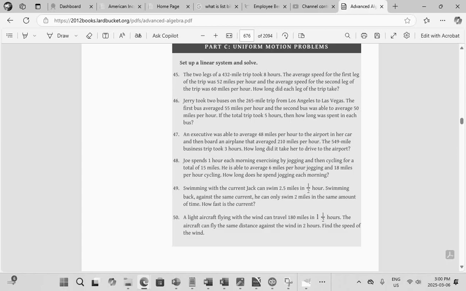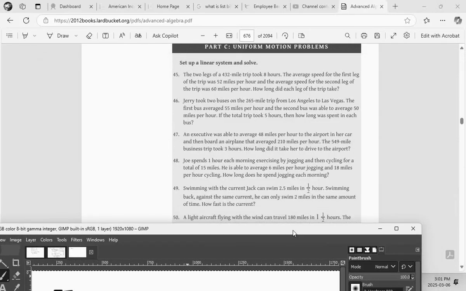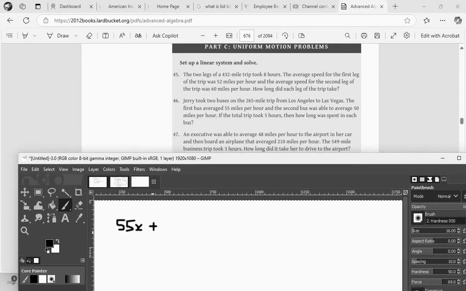We also know that 55x plus 50y equals 265.